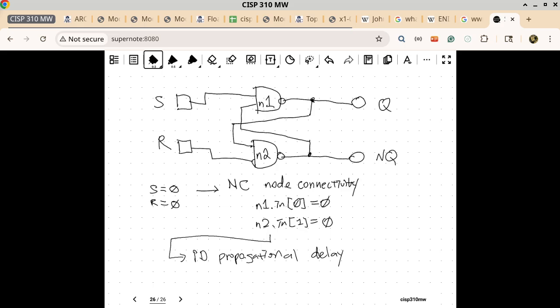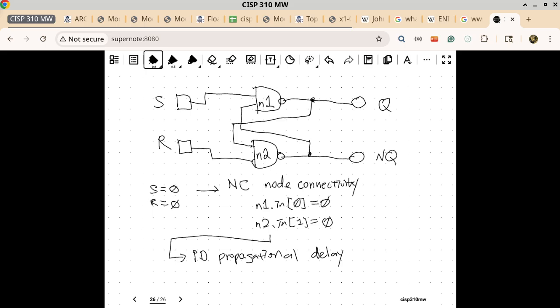The thing is, I have just made changes to the input of N1 and N2, because the first input of N1 is now changed to 0 from whatever it was before. I have no idea what it was. The second input of N2 was also changed to a 0. I gave it some time. It's like, okay, take your time, update stuff, let the inductance and capacitance and resistance do their own thing, and then now we have the right answer.